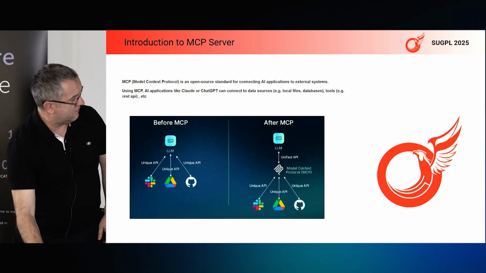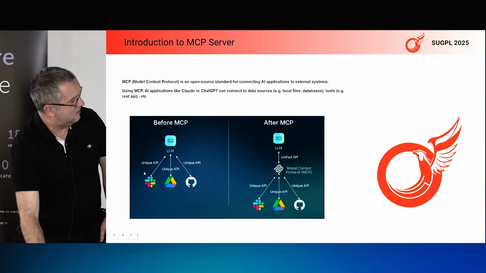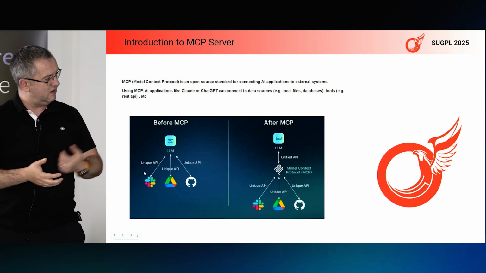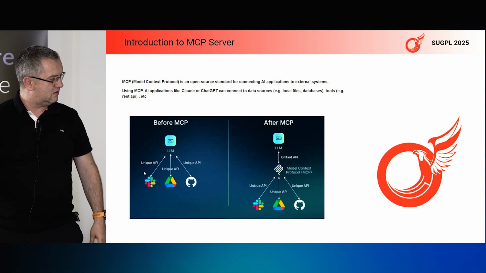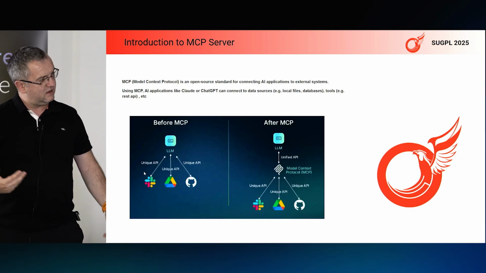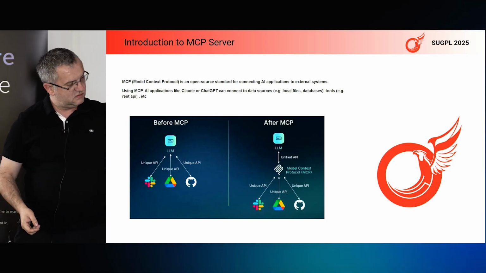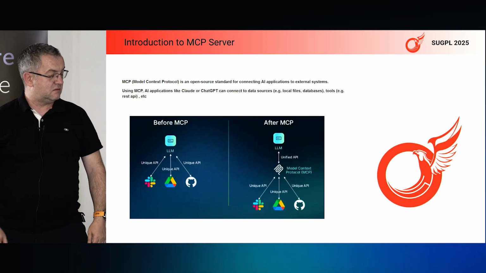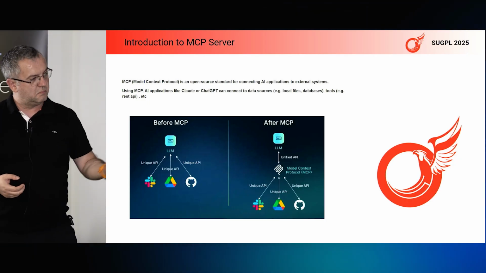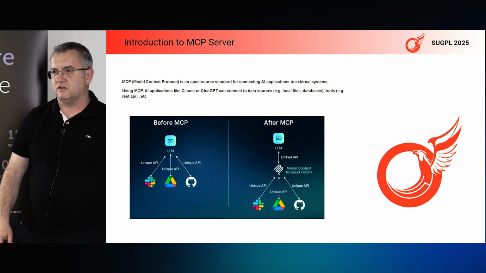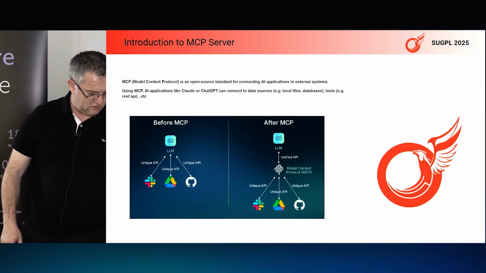Here is a graphic of how it was before. You had to build plugins for every external tool, and now it's much easier, and I feel that it was really easy to build the MCP server for Sitecore OrderCloud.